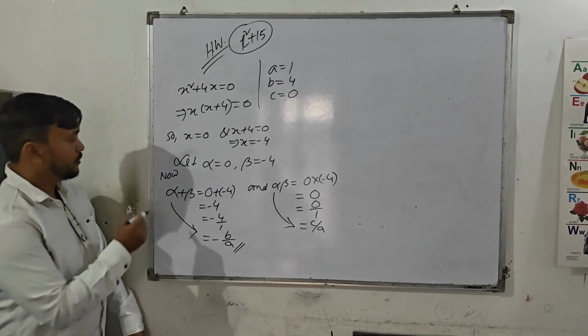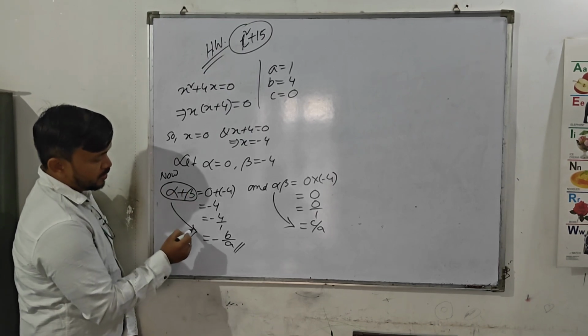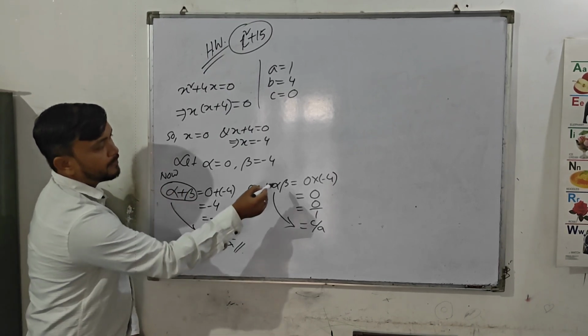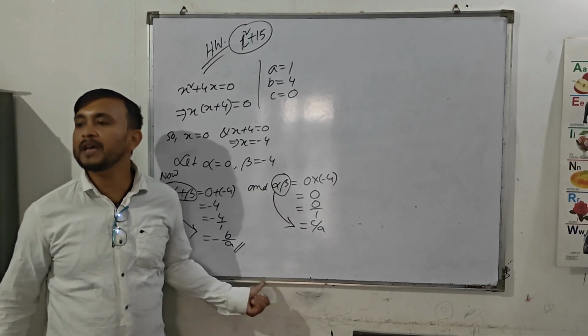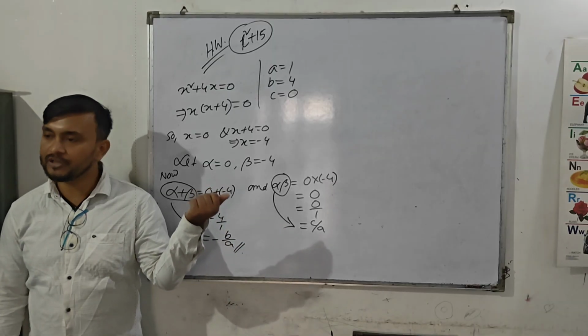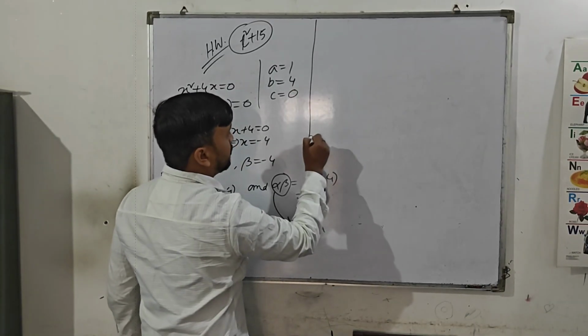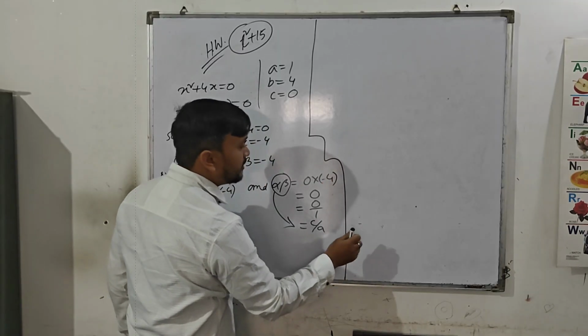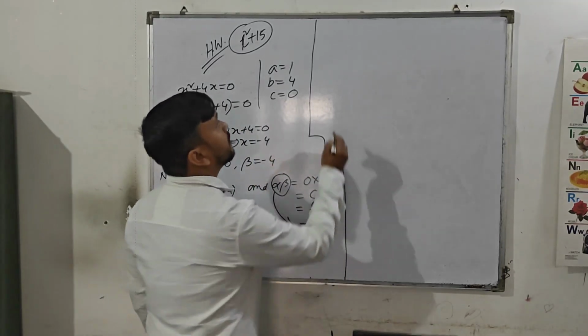After that, we need to verify whether the value of alpha plus beta is equal to minus b by a and the value of alpha into beta is equal to c by a. If this happens, that means our roots are correct and verification is right. That's it. Now we need to finish this concept with the reverse process. See.